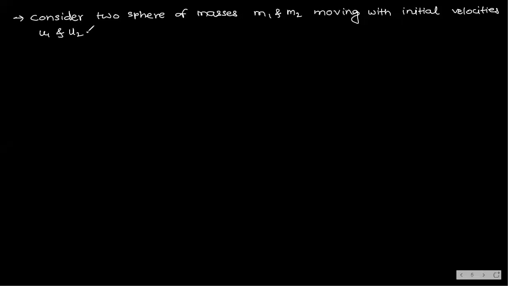See how easy the sentence is. Consider two spheres of masses M1 and M2 moving with initial velocity U1 and U2.